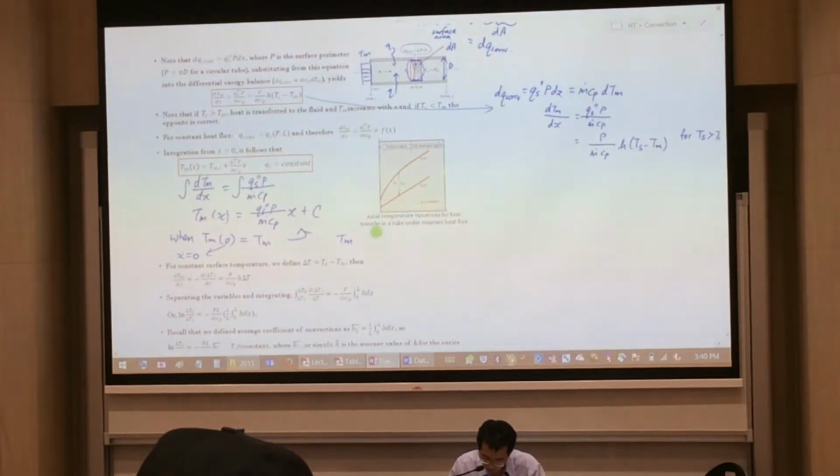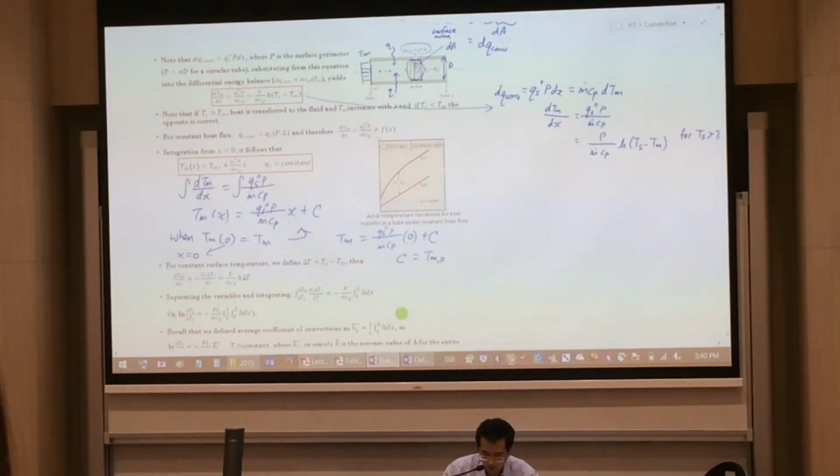So if you substitute that in, you get Tm,i equal to Qs double prime P over m dot Cp times 0 plus C. So that means your C will be equal to Tm,i.